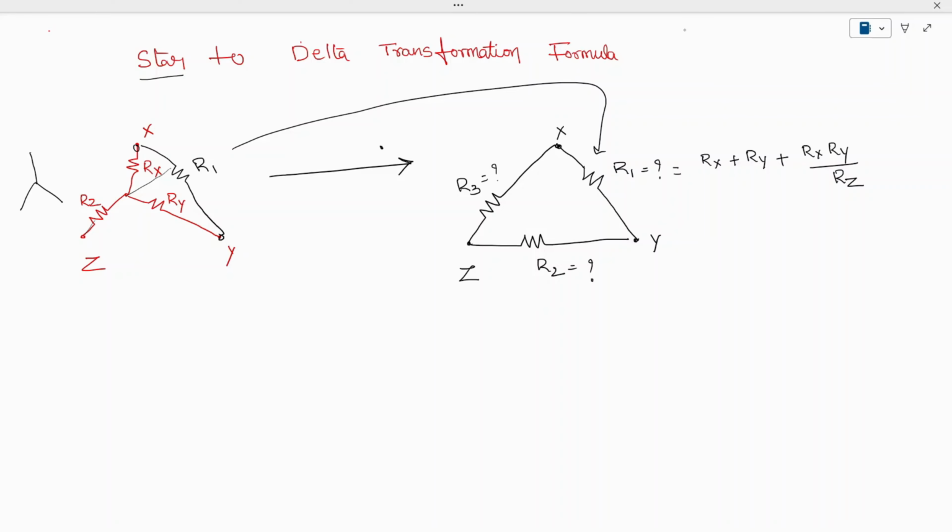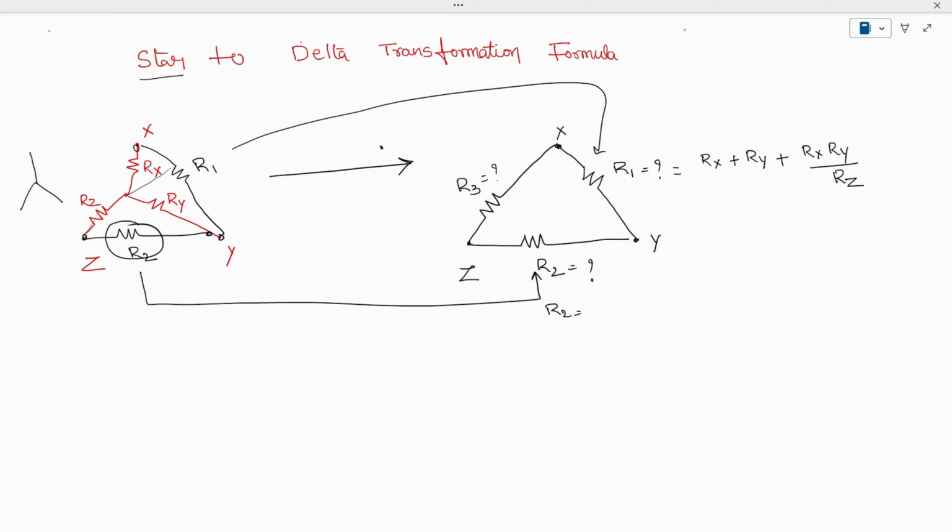Similarly, how to find the branch resistor which is nothing but R2. You can see here, this black color resistor is this value. So how to find this R2 value: you see this black resistor is connected to this terminal and this terminal. To this black, how many reds are connected? Two reds are connected.